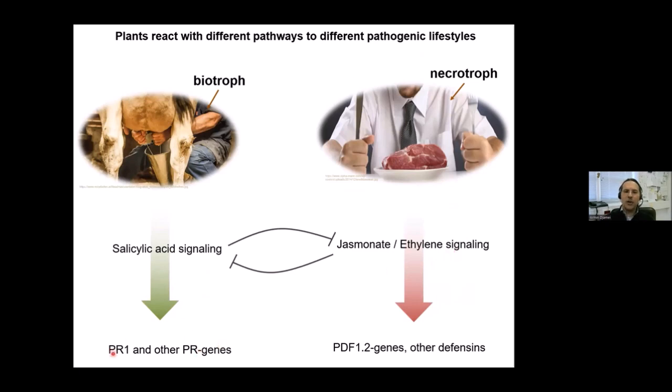And then there are known marker genes, and the promoters will be necessary to understand why we build reporter lines. The smart plant concept comes from this, that we can differentiate by the marker genes which pathway has been taken. And of course, in the wiring inside the plant, salicylic acid signaling prevents the JA signaling pathway, and JA signaling prevents the salicylic acid signaling pathway. This way you have a certain channeling of resources in the plant.